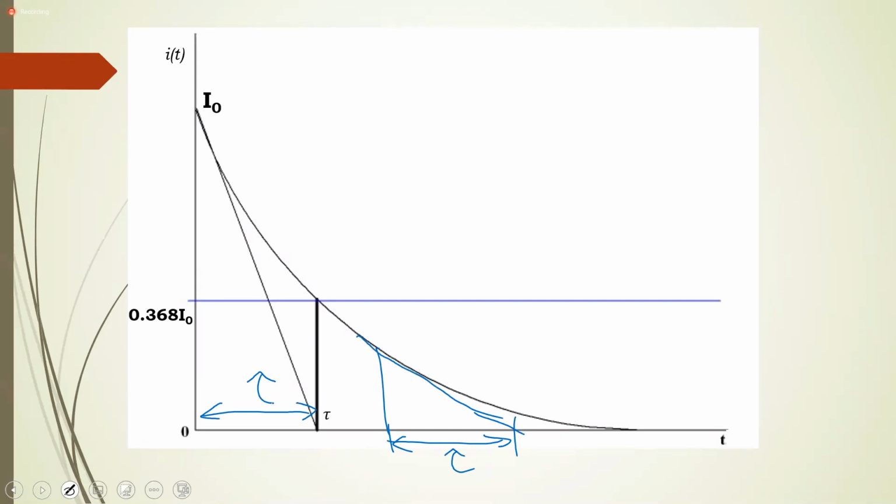So if we take the tangent at any point, the time taken to fully discharge would be a time constant. Of course, the other classic definition is that it is the time taken to discharge by a factor of 1 over e, which would be your 36.8%.